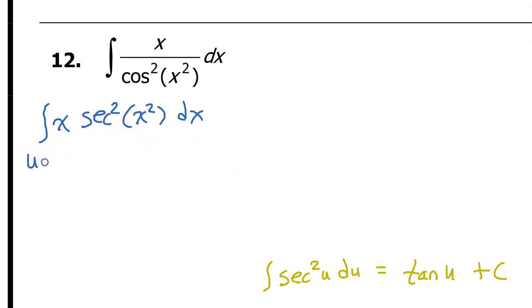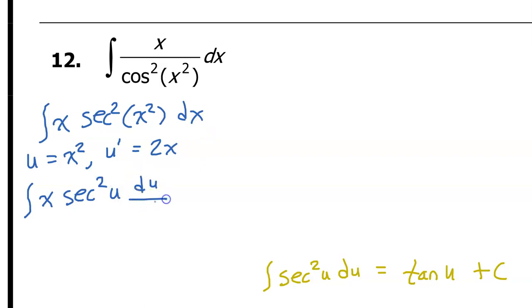Let's let u equal the x squared on the inside, which means that u prime is going to equal 2x. Performing the substitution, we have x times secant squared u. Instead of dx, we will write du over u prime.